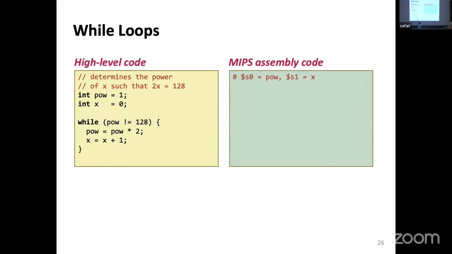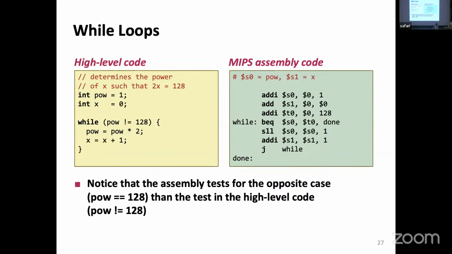Take it, multiply it by 2, and then increment x by 1. That somehow doesn't make sense, but okay. So we have S0 is the POW, S1 is X, and at the very beginning we have the part that we are initializing.